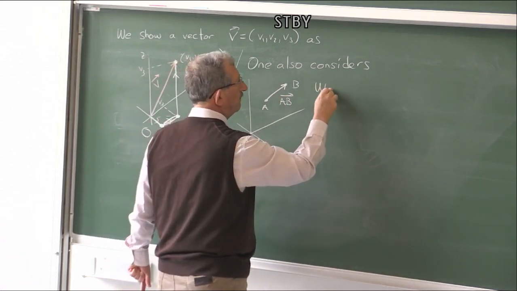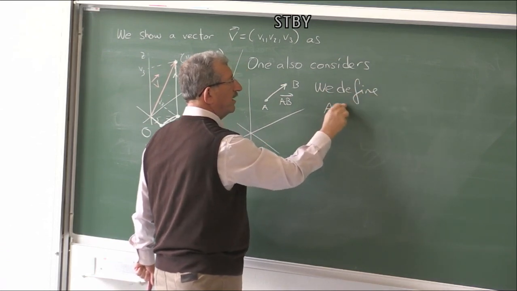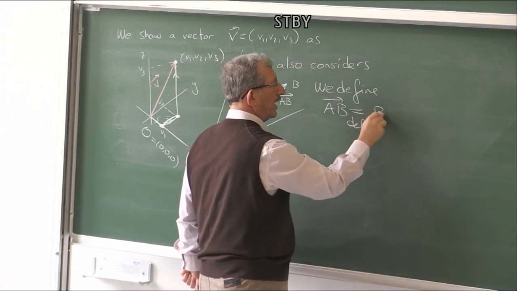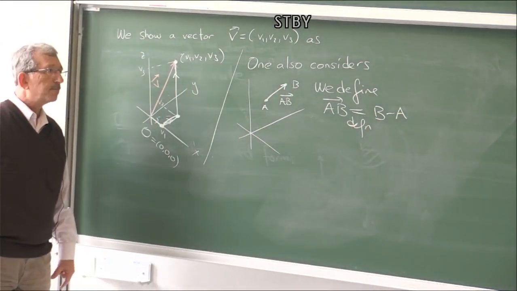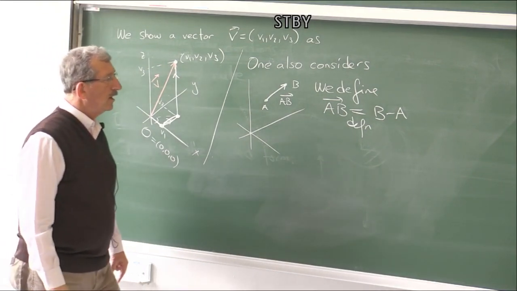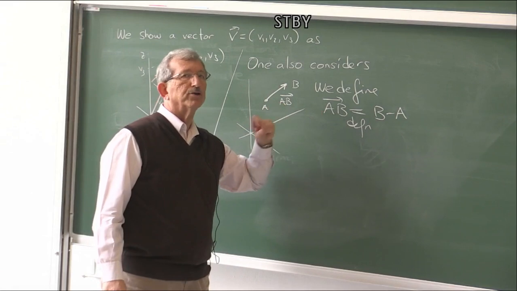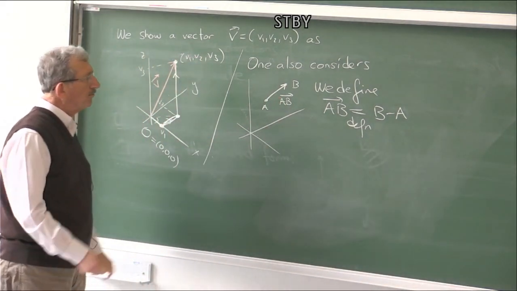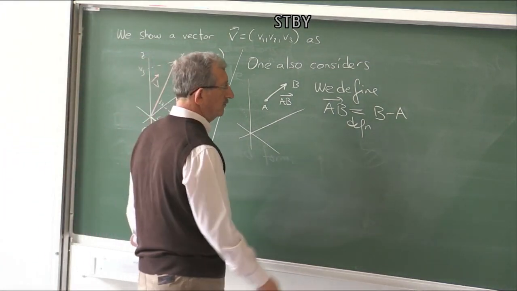So we define the vector AB as B minus A. Now, this will help us in showing addition and other operations on the Cartesian space or plane. This is a very useful definition.